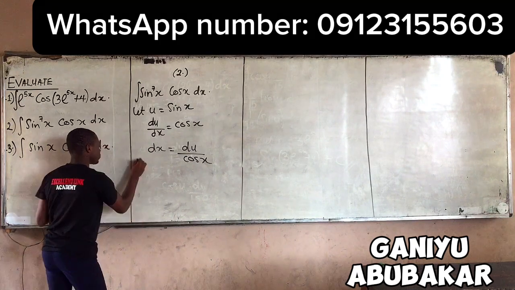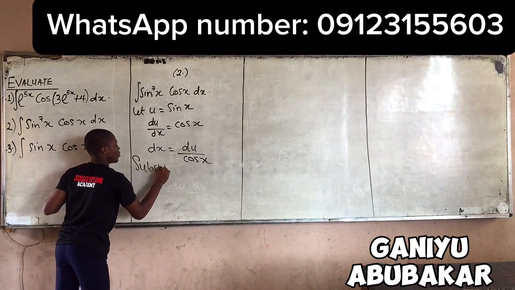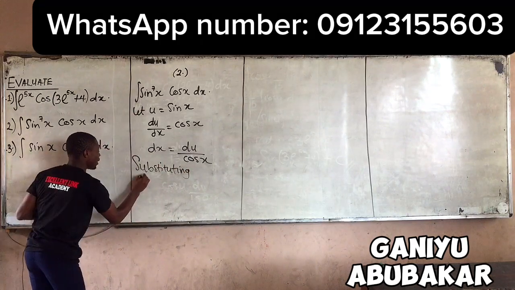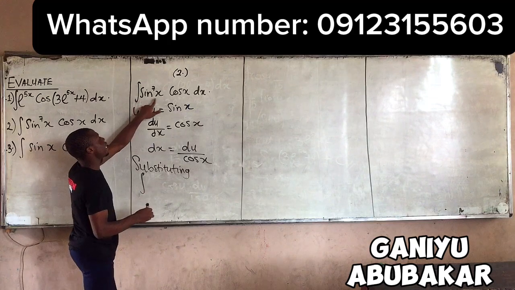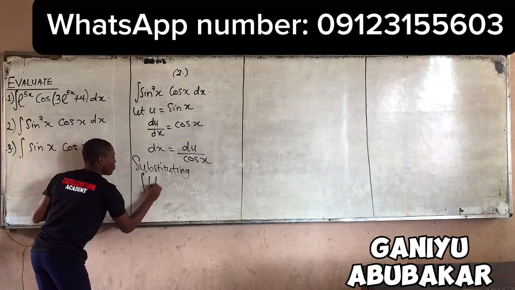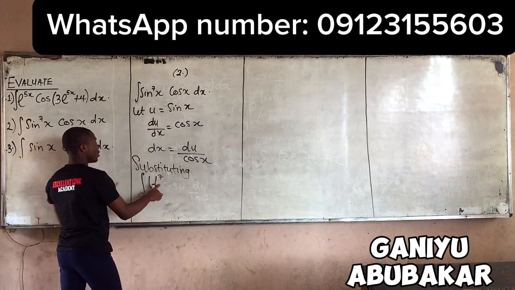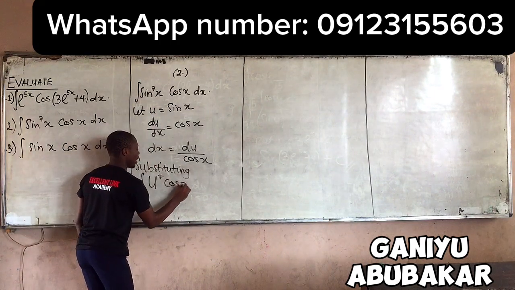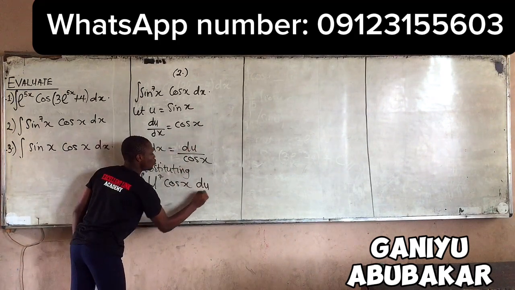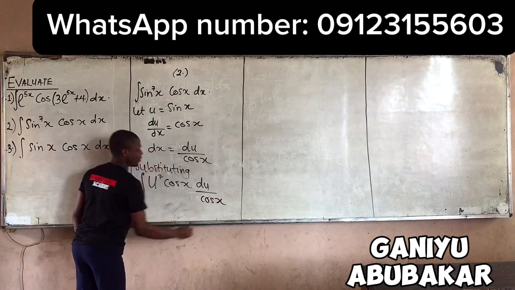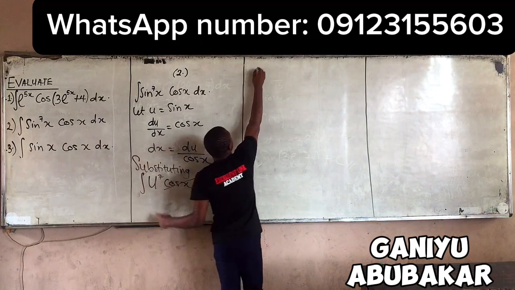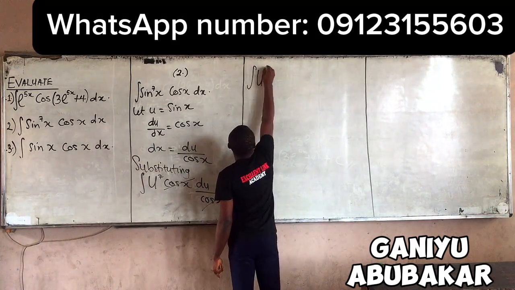So from here, substituting, I'll have the integral of, we said sin x to be u, so I'll have u to the power 7, next up, cos x, next up, dx. Beside the dx here is what? du over cos x. So cos x cancels cos x. I'm left with the integral of u to the power 7 du.